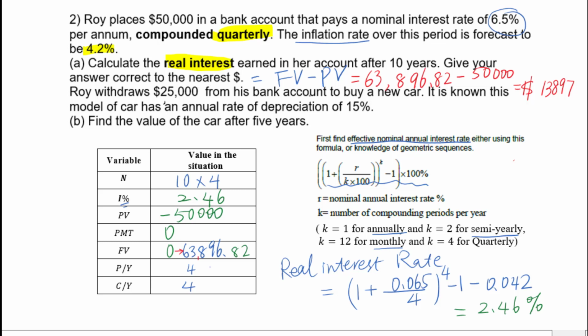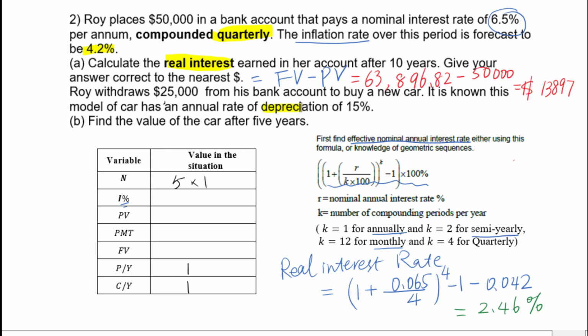Roy withdraws $25,000 from his bank account to buy a new car. It's known this model of car has an annual rate of depreciation of 15%. Find the value of the car after 5 years. Years is 5 because this is an annual rate.